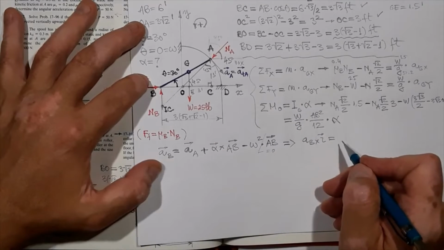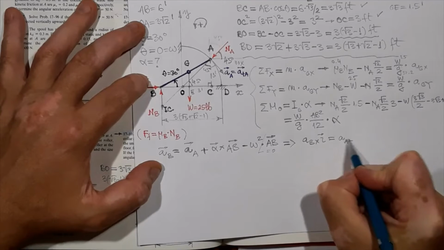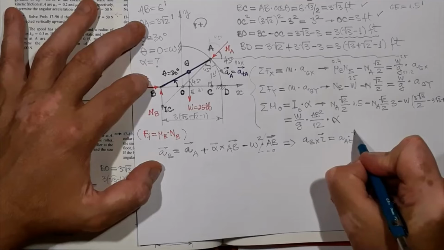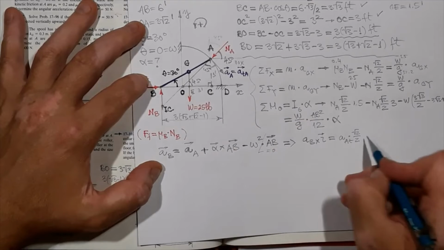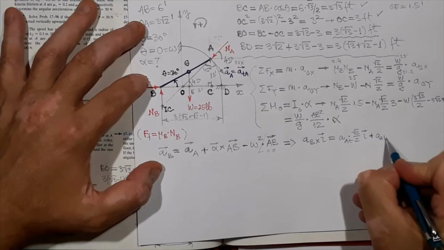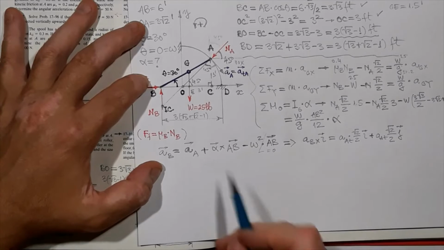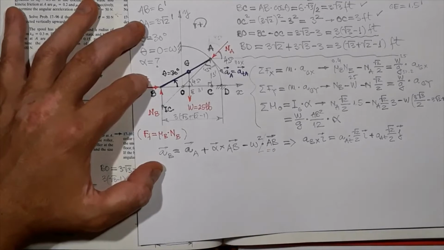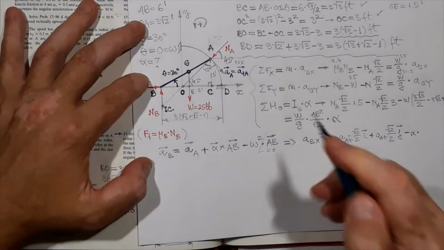So I'm going to say acceleration of A tangential times, in the x direction, positive square root of 2 over 2, that's the sine of the 45-degree angle here, times I, and then plus acceleration of A tangential, square root of 2 over 2, this should be the cosine of 45 degrees, J. So that's A. And then I have alpha times AB, so negative alpha times the y component of AB.